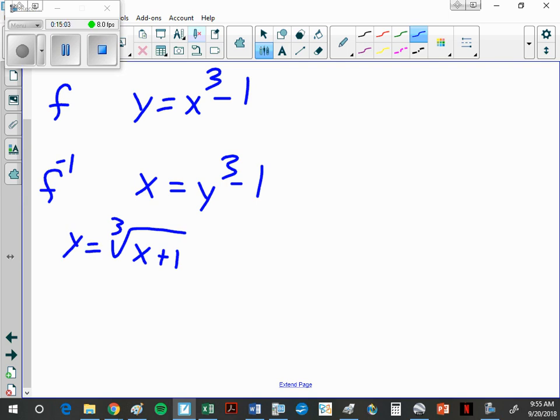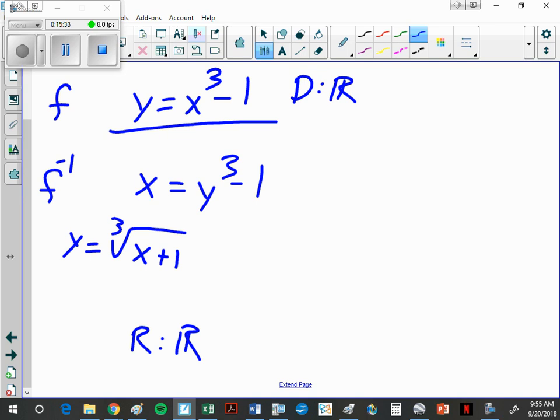No, because it's not a square root or a 4th or a 6th or an 8th. It's odd. Okay? So, does this have any domain restrictions? No. So the domain of the original is all real numbers, which means the range of the inverse is all real numbers.